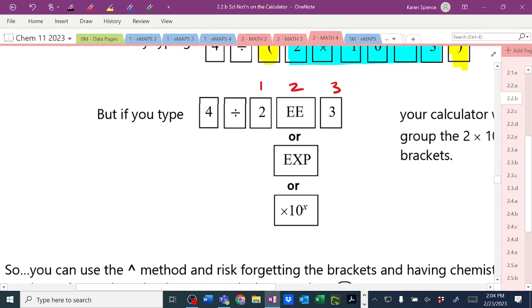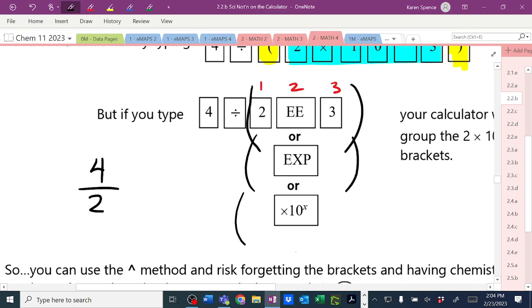And your calculator, when it sees the EE or the EXP, assumes that that is all one number. All one number. So it's like, oh, 2, you want 2 times 10 to the 3.